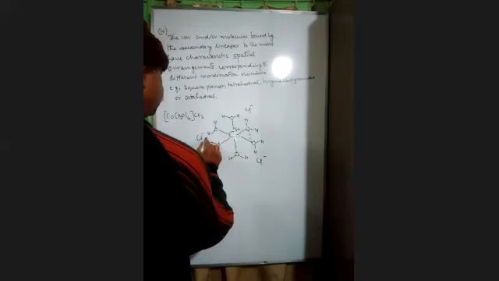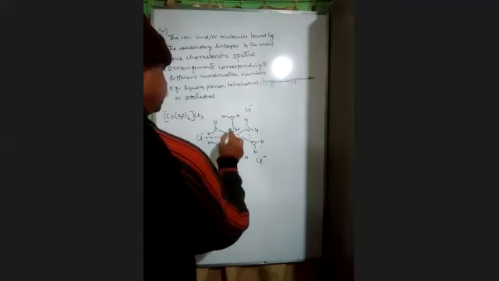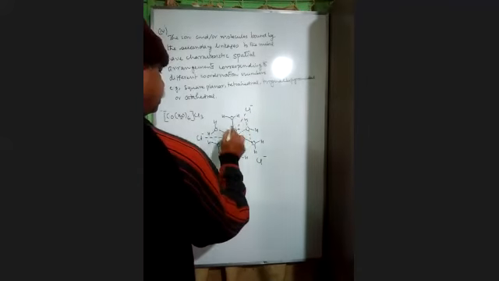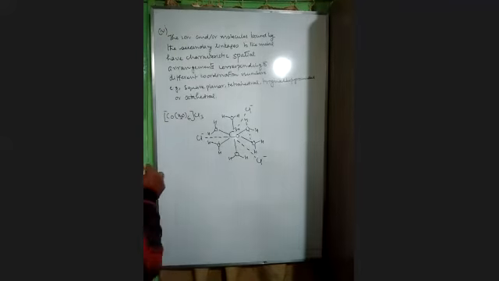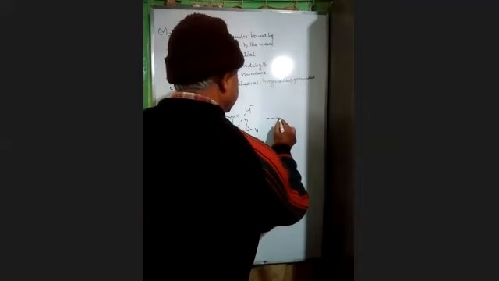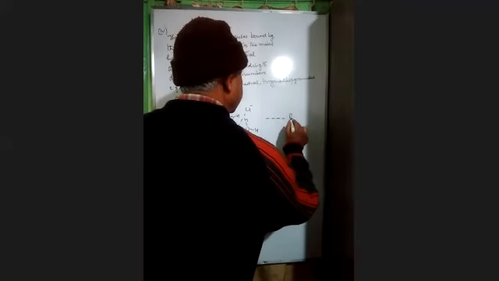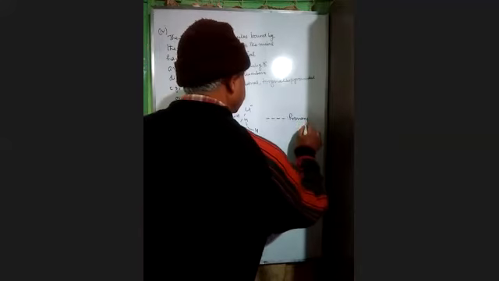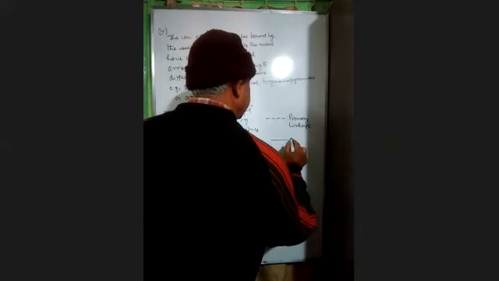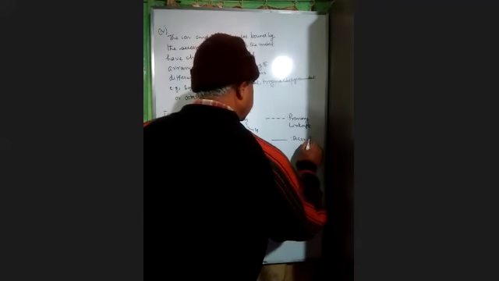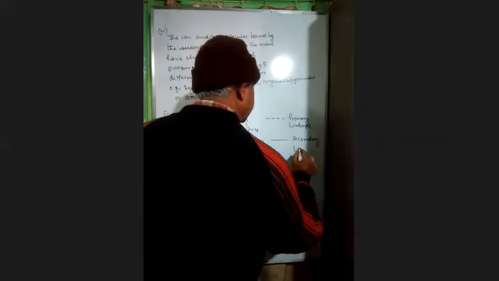See, these broken lines are primary linkages, and the solid lines are secondary linkages. So this is the final form of our coordination compounds.